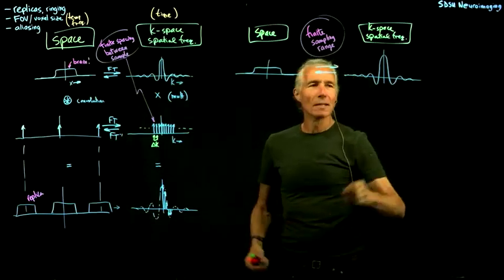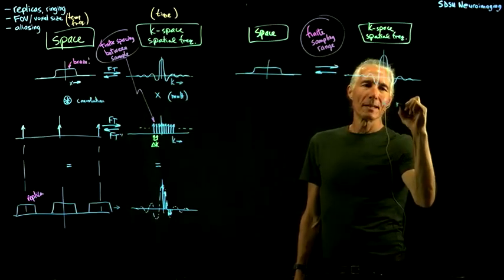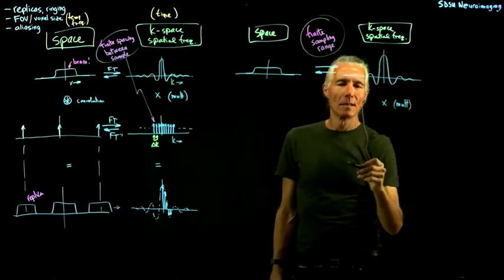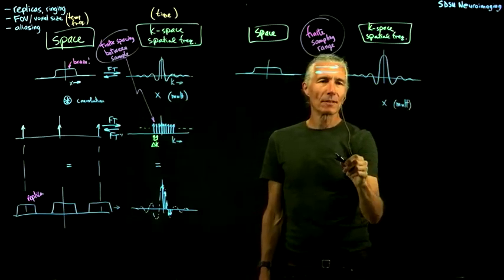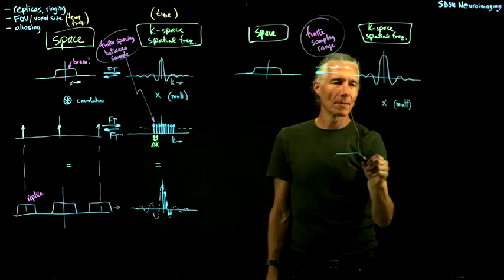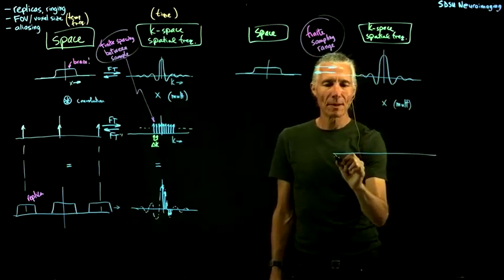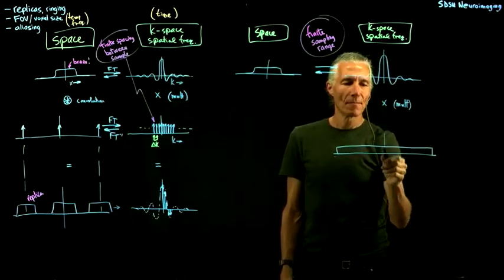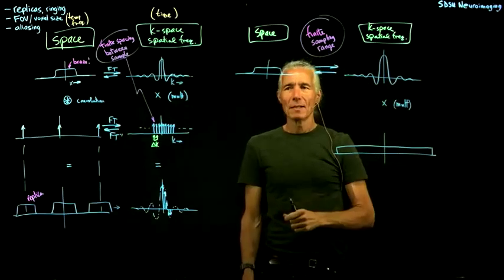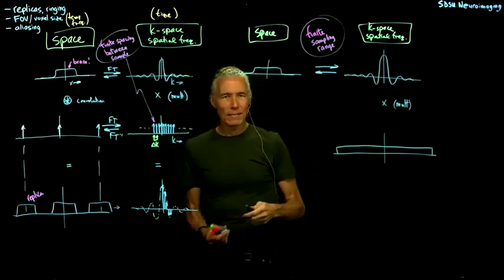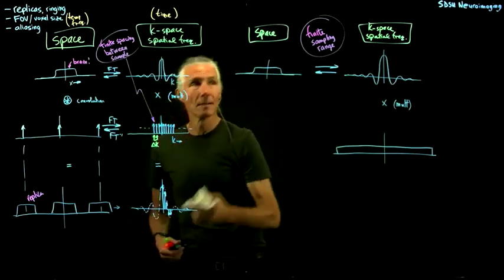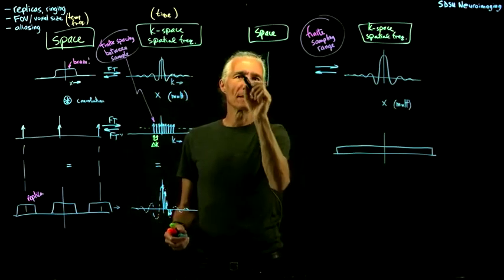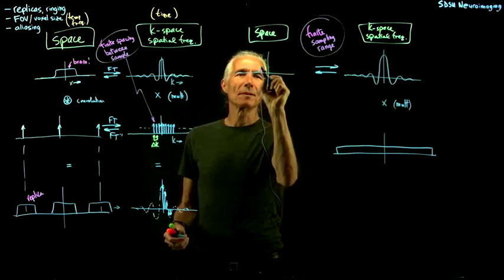So if we multiply that guy by a rectangle function, here's a rectangle function that we're multiplying by. It's a big rectangle function. We're basically cutting off our spatial frequency sampling limit. So it's the same argument. Let me just make this brain a little smaller there.